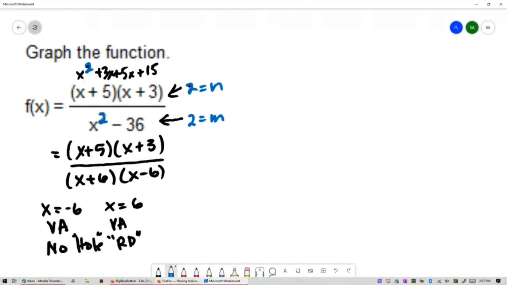Once we've identified the degree of the numerator and denominator, then we compare them to each other. So in this case, n is equal to m, and we have memorized that when the degree of the numerator equals the degree of the denominator, we do have a horizontal asymptote, and that horizontal asymptote is going to be y equals the ratio of the leading coefficients.